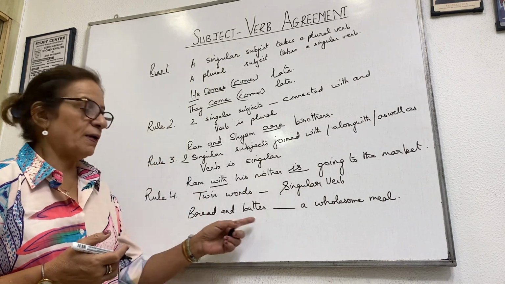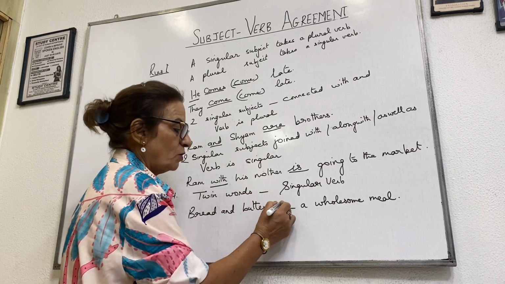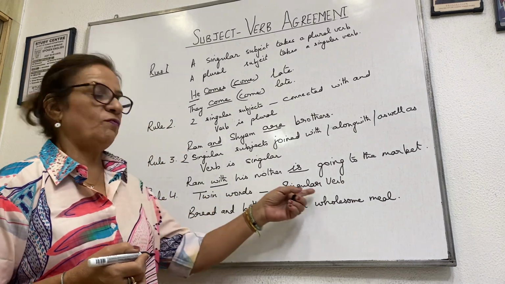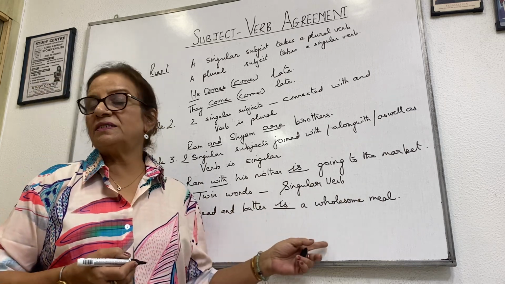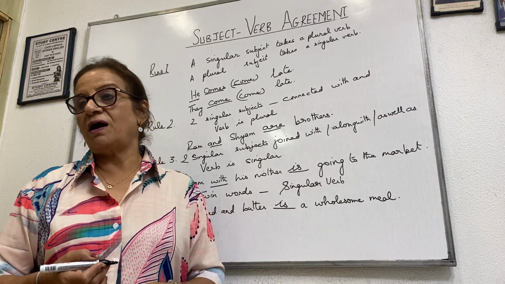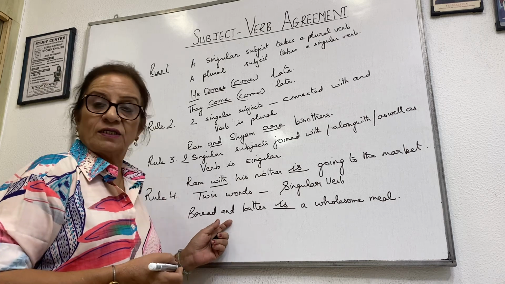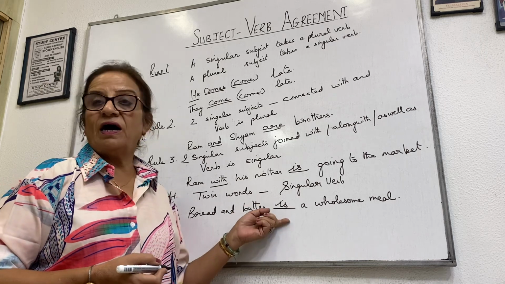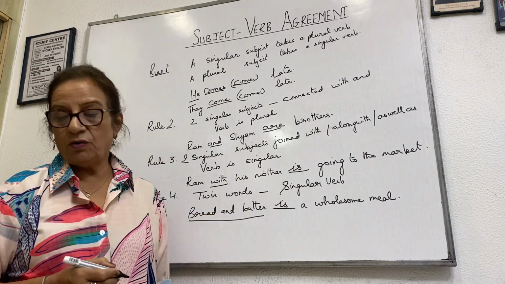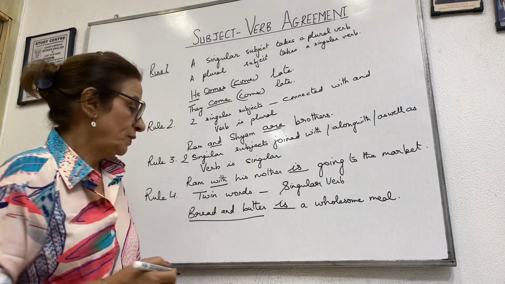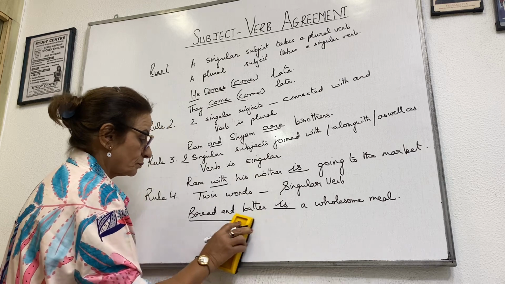So bread and butter is, according to the rule, twin words always take a singular verb. So bread and butter is a wholesome meal, not are. So don't get confused that it is joined with and, then why will are come here? Because this is a twin word. They always come together.